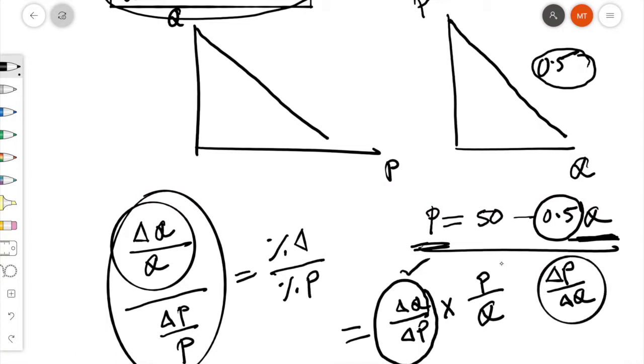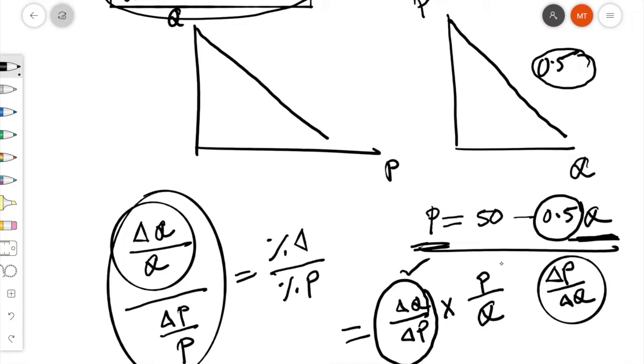So we can say the slope of the demand curve shows the absolute change in price divided by the absolute change in quantity, whereas elasticity shows the reciprocal of the slope of the demand curve multiplied by the price to quantity ratio.